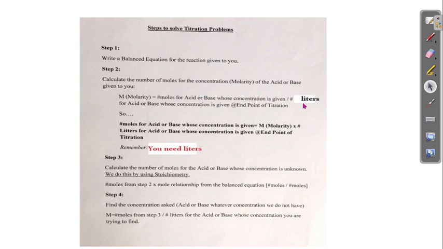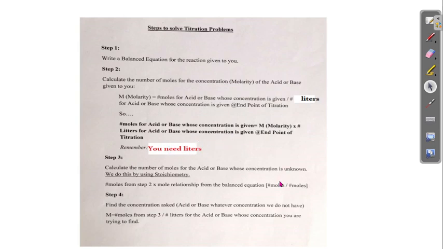Divided by the number of liters for that solution at the end point of the titration. So basically, the moment in which the indicator changes color. And you need to remember that you're working with liters here because you're doing molarity. So that's where you can make mistakes.